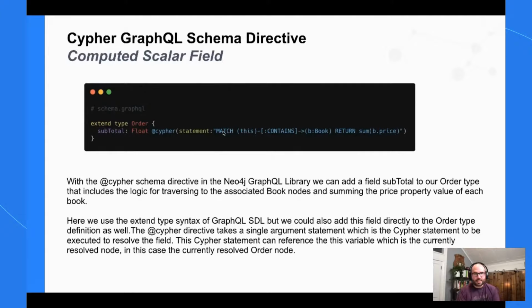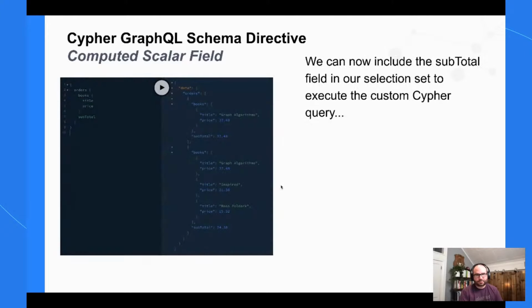So in these Cypher directive fields, there's a Cypher variable that is defined called this, that refers to the currently resolved object. In this case, it refers to the currently resolved order. So I'm traversing out from this order to find all books that are contained in the order, calculating the subtotal.